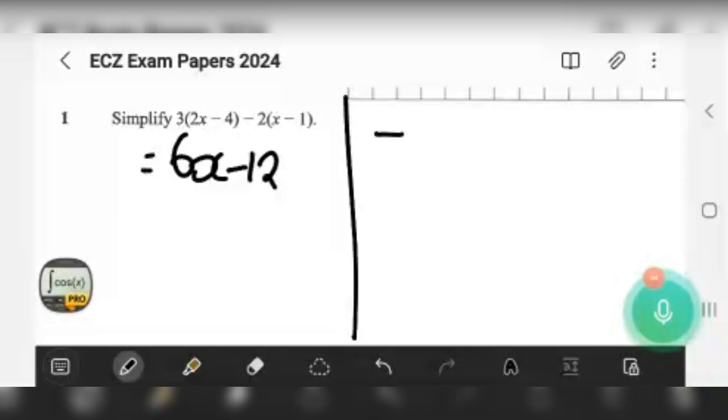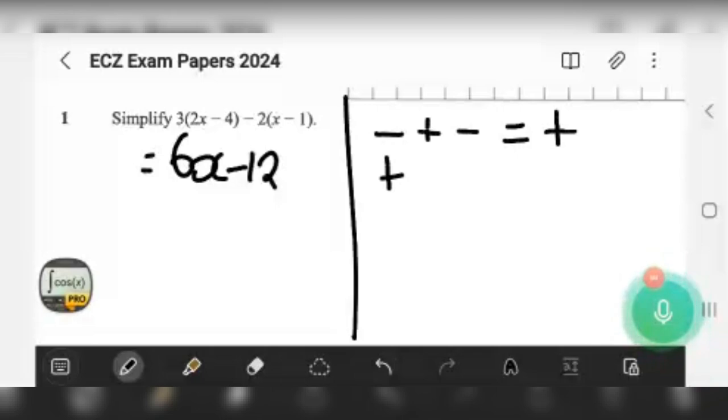Positive plus or negative plus negative is equals to negative. Is it true or false? No, it's positive. Are we not supposed to use the times?